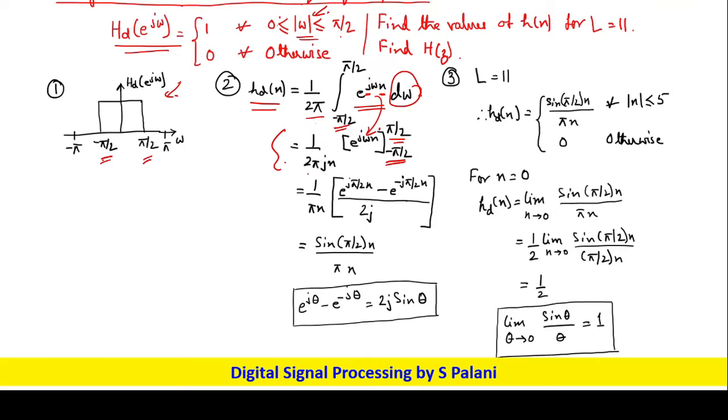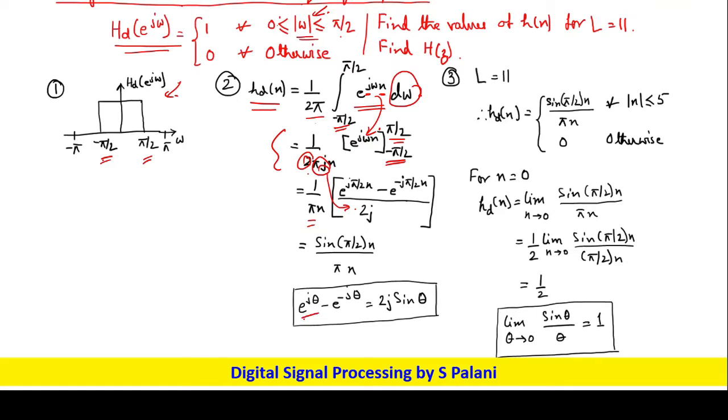Okay. Next, 1 by pi n times e to the power j pi by 2 n minus e to the power minus j pi by 2 n, divided by 2j, we can take it inside. Okay. So when you do this, what is this fraction?